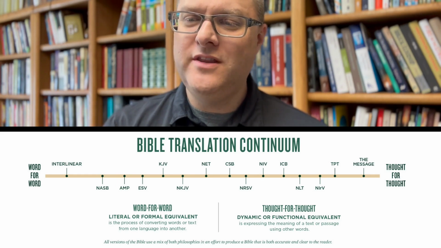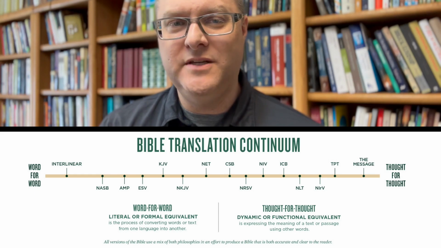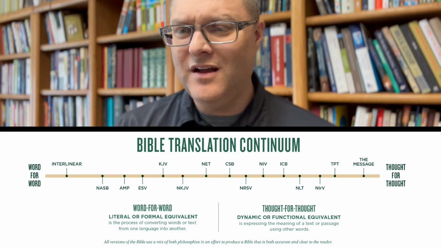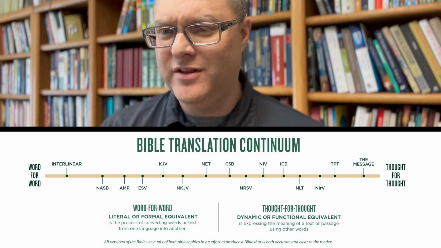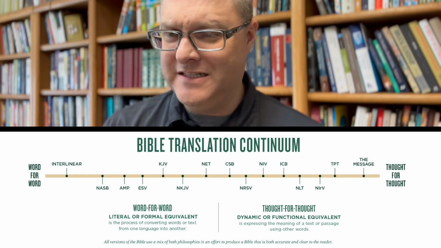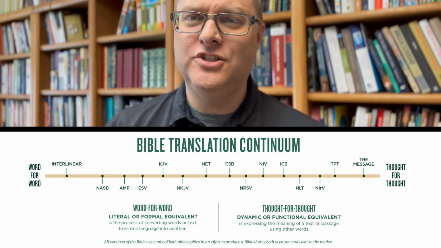And then the two that you really need to watch out for in the thought for thought on this list are TPT, which is the Passion Translation, and then the Message. I'm not sure I would even put TPT to the left of the Message. I would probably put it to the right of the Message. The Passion Translation, in short, this is just not one that I would recommend.